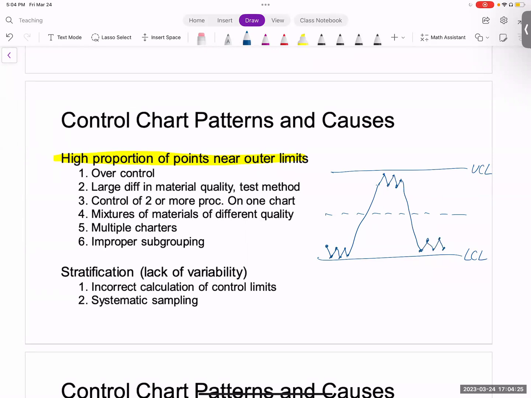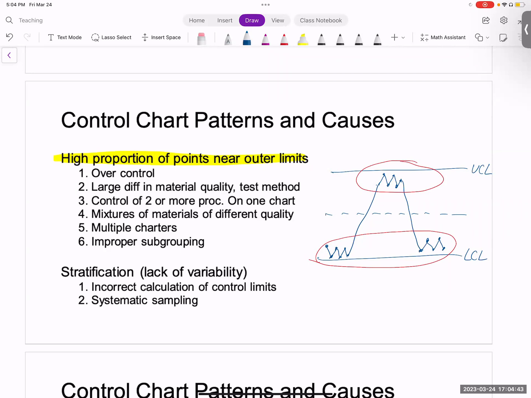These lines don't really mean anything. I'm just trying to trace my points. But you notice something interesting here. There are points clustered near the control limits, right? And this type of condition happens when you have a mixture of 2 different qualities of materials.